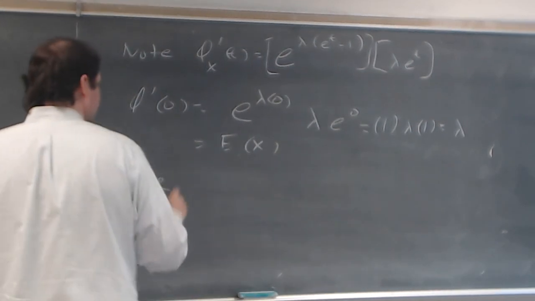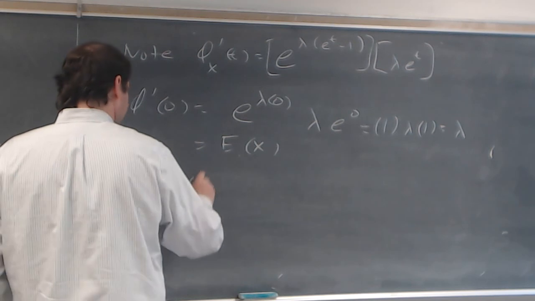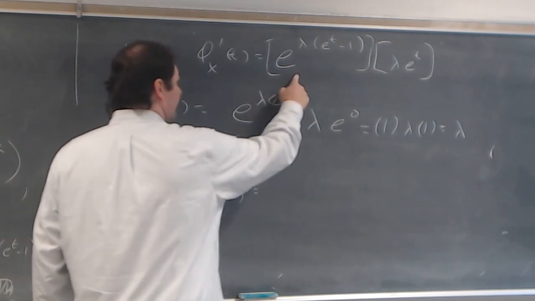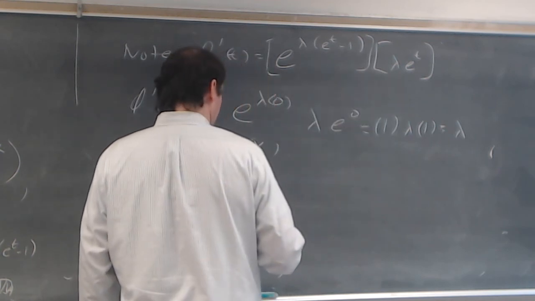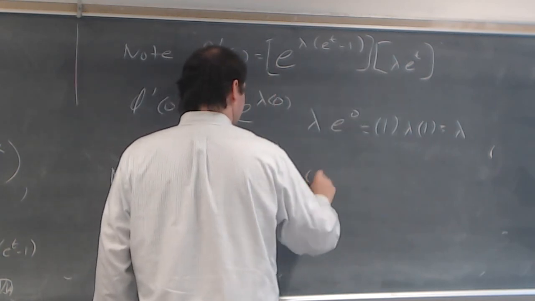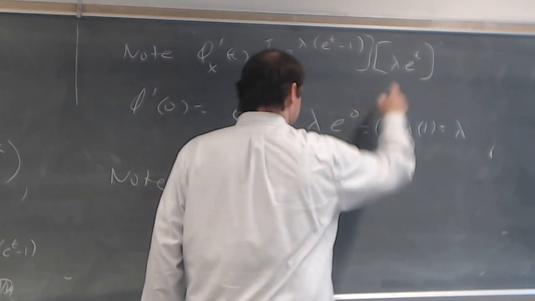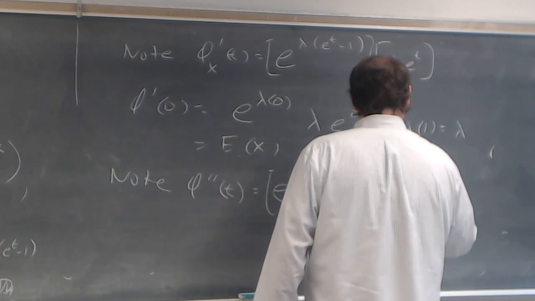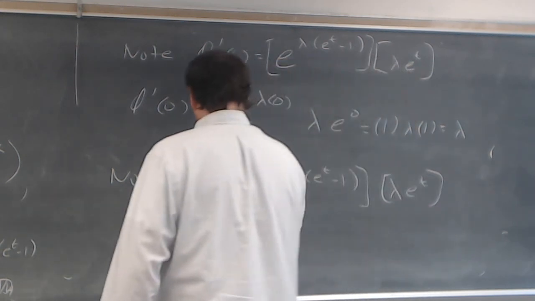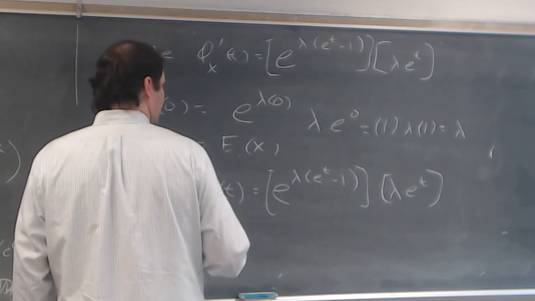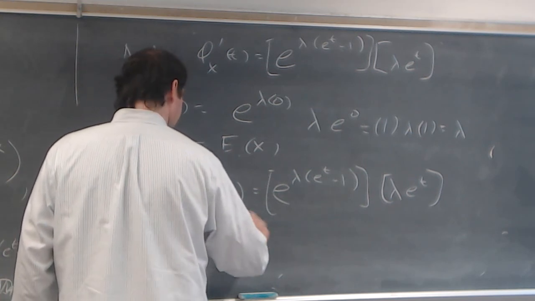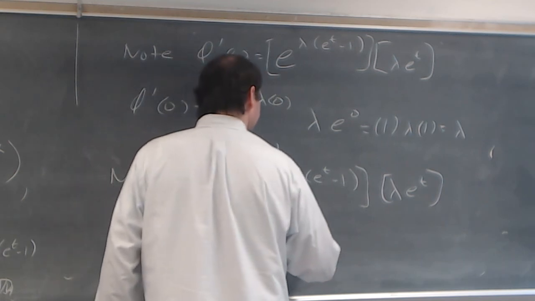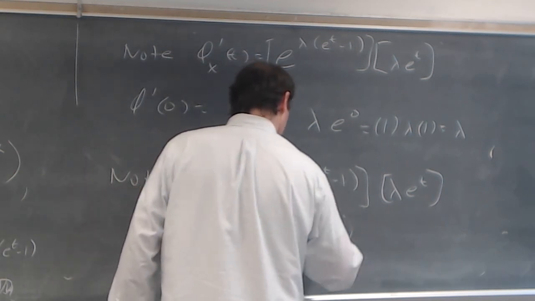And then if we look at calculating the expected value of x squared, we take the second derivative of the moment generating function. I'm taking the derivative of the first derivative, so I have to use the product rule. I write down the first, e to the lambda times the quantity e to the t minus 1, and take the derivative of the second, which is lambda e to the t. Now, we're going to have plus, and again we write down the second, lambda e to the t, and I take the derivative of the first, which is e to the something times the derivative of something.